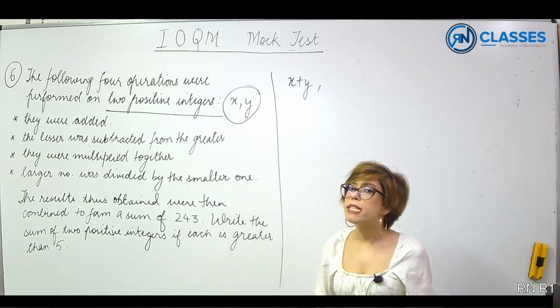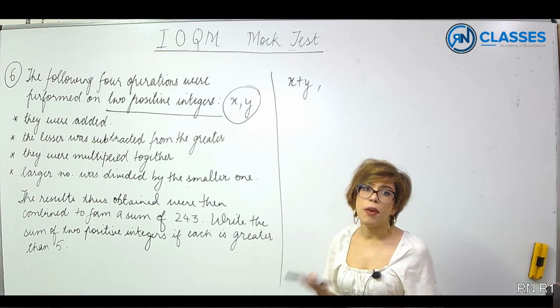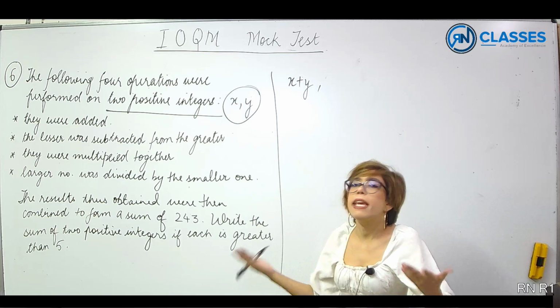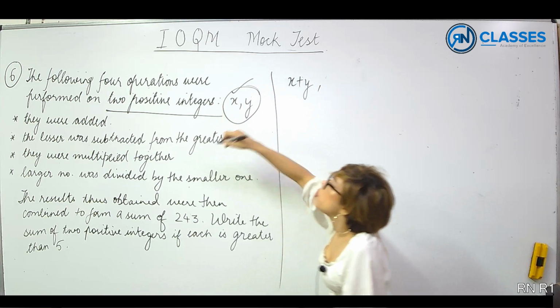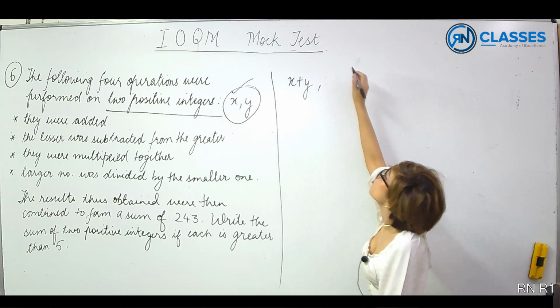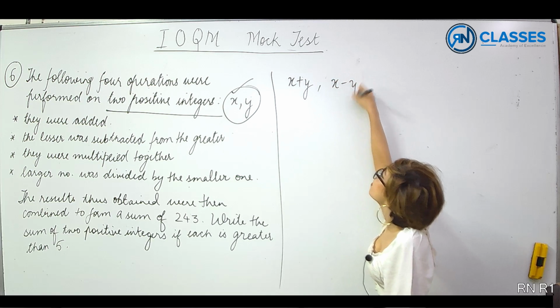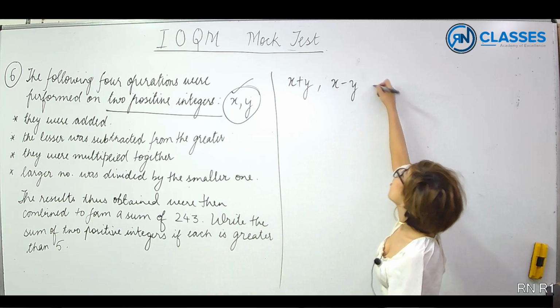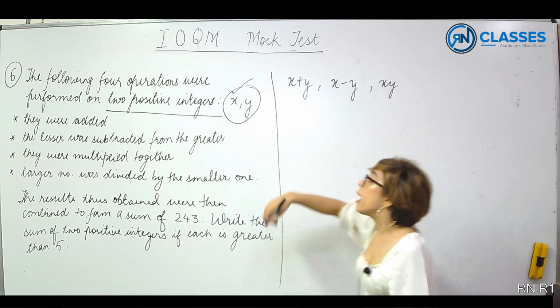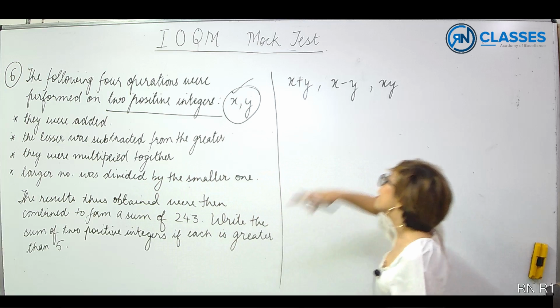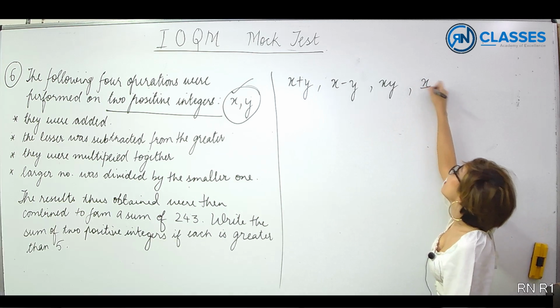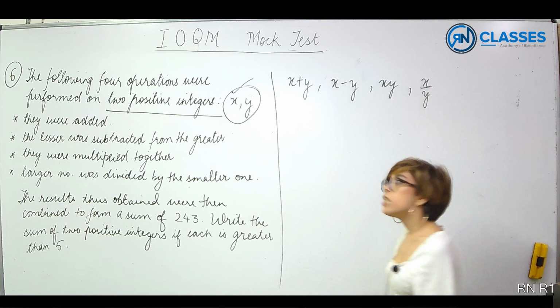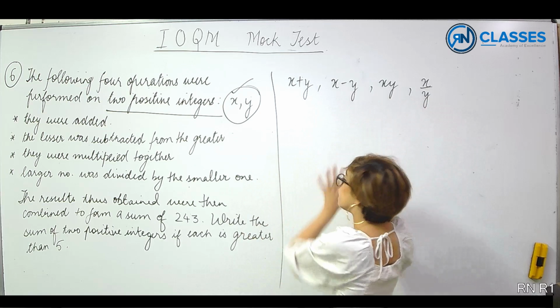Obviously I do not know which is the greater or the lesser one, so arbitrarily I can say that x is the greater one. So the lesser subtracted from the greater means x minus y. They were multiplied together, so that is xy. And the larger number was divided by the smaller one, so that is x divided by y. So in each of these cases I got these 4 results.